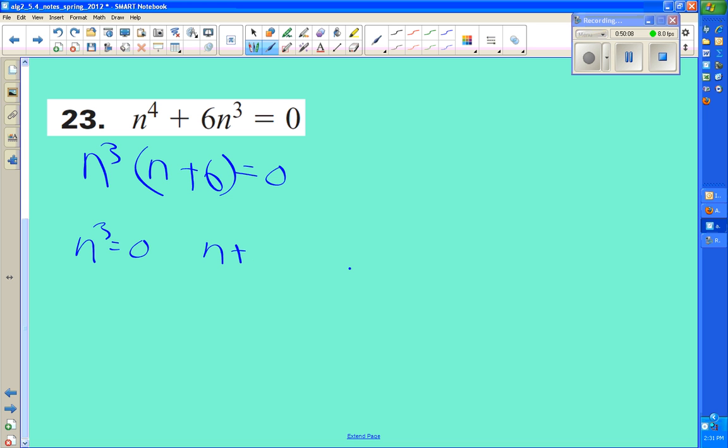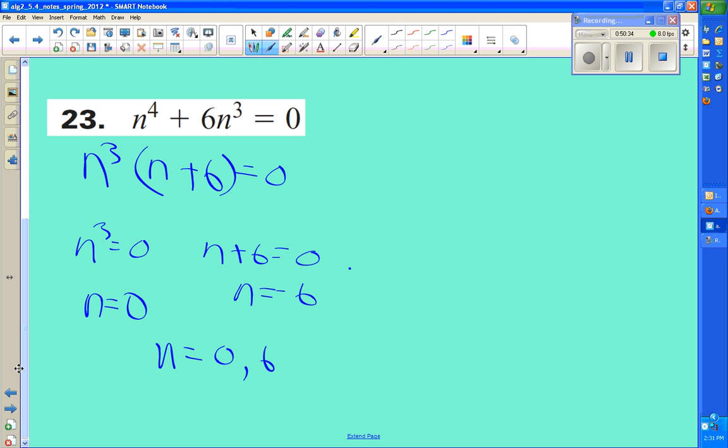N plus 6 equals 0. What does n equal here? 0. And here? Now, whether you write this or not, I don't really care if you use this. This is not necessary for me. This is necessary, and this is necessary. N is equal to 0, negative 6, no parentheses.